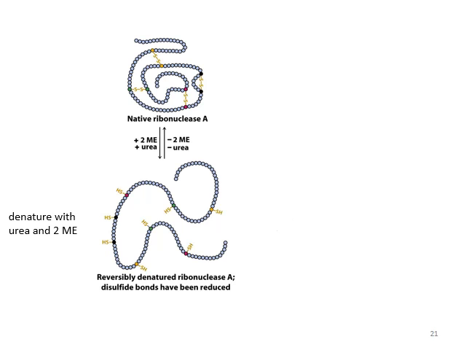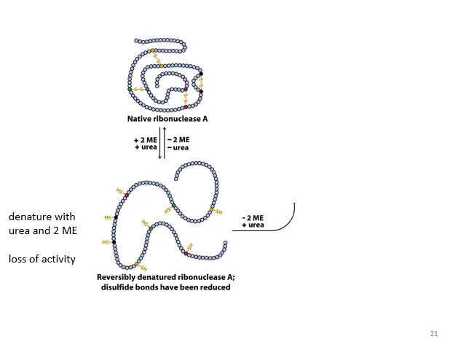And so if we look at the native ribonuclease A, we see it's got several disulfide bonds. And what Anfinsen found is that if you denature this with urea and 2-mercaptoethanol, you can reduce all those disulfide bonds and have what's called the denatured form of ribonuclease A, which is no longer active and able to cleave RNA.